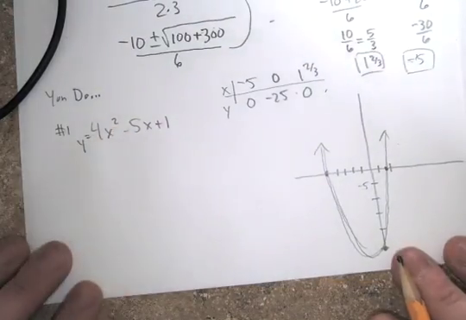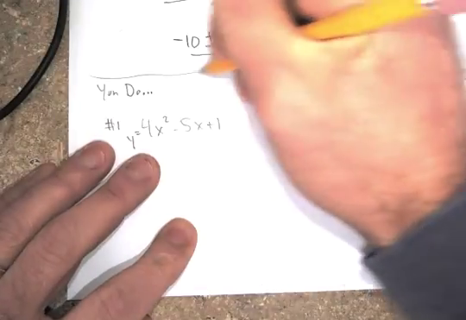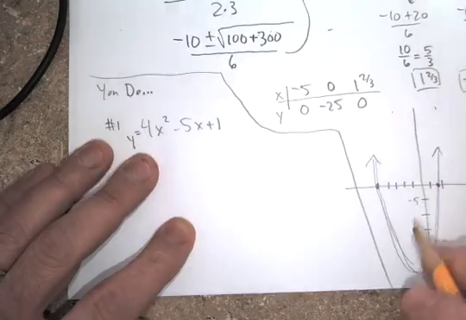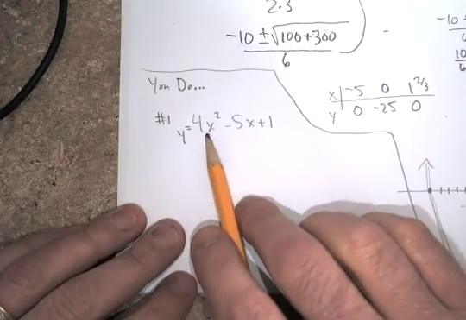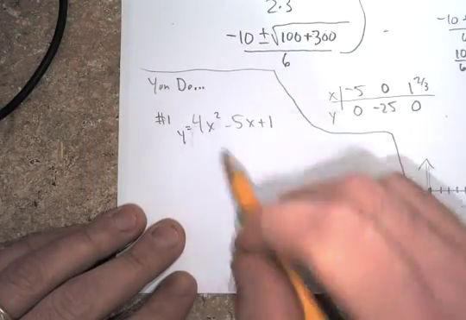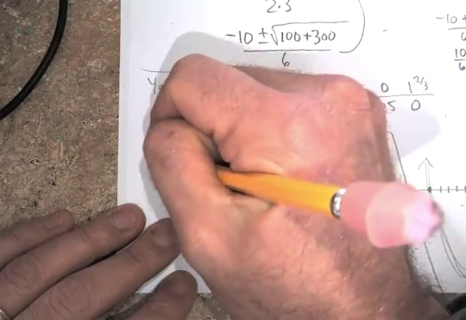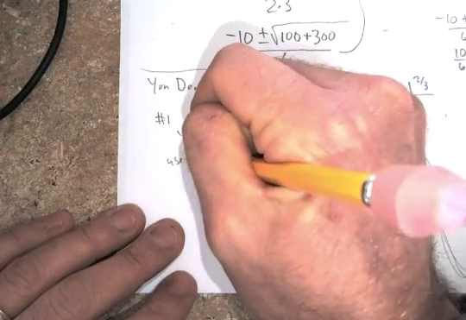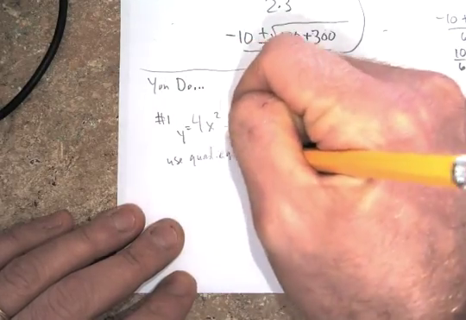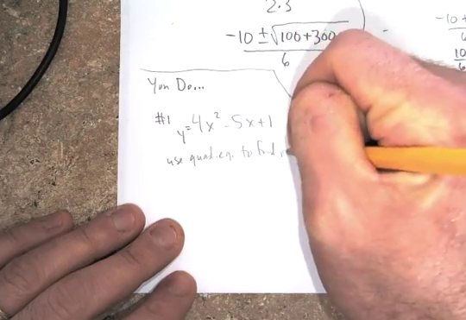Okay, so your goal for this is do this one on your own here. If you want to write this down, y equals 4x squared minus 5x plus 1. Use the quadratic formula, or sorry, quadratic equation to find the roots.